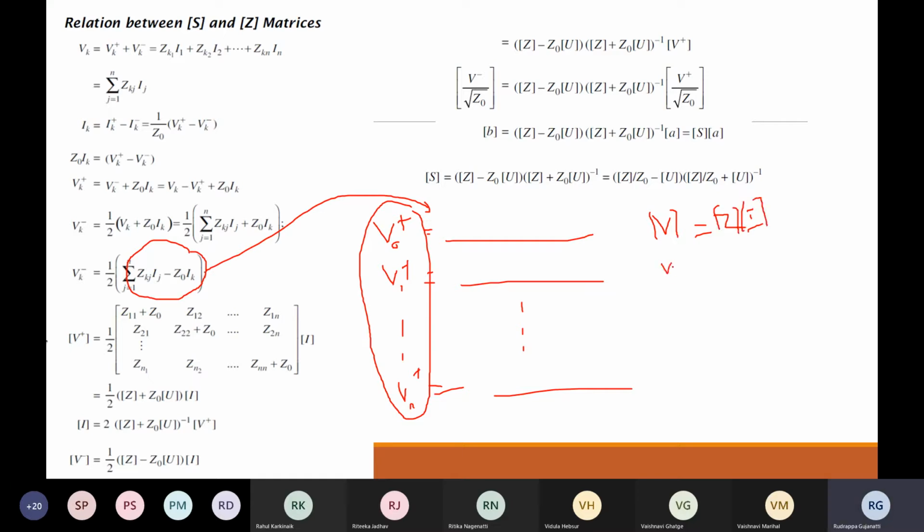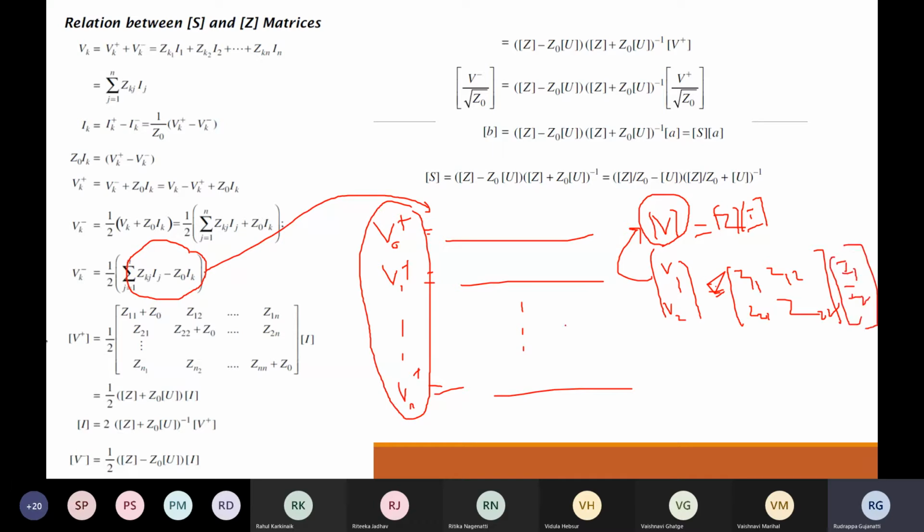If we have two voltages, V1 and V2, we identify them with the parameter V over here, which is a matrix containing V1 and V2. Similarly, we have Z11, Z12, Z21 and Z22 with the current parameters.